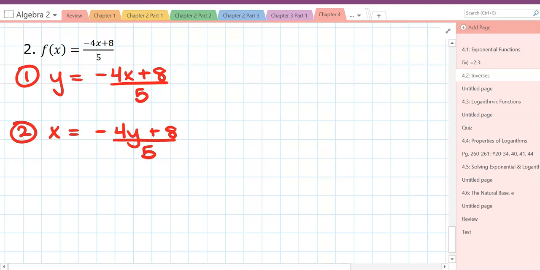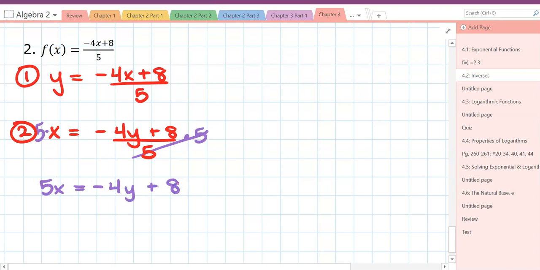Now we have to solve for y. What's the first thing I should do? Times by 5. Get rid of that fraction by multiplying by the number that's causing the issue here. So those 5's are gone. So now we have 5x equals negative 4y plus 8.